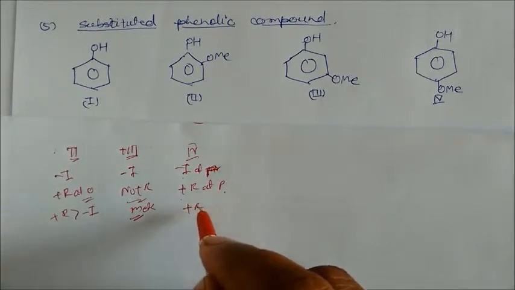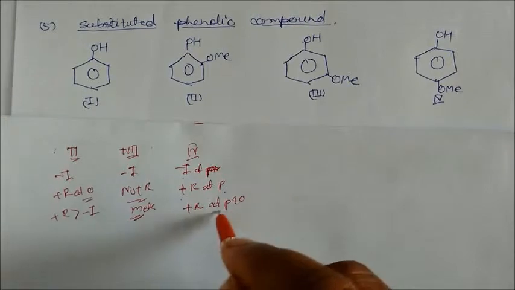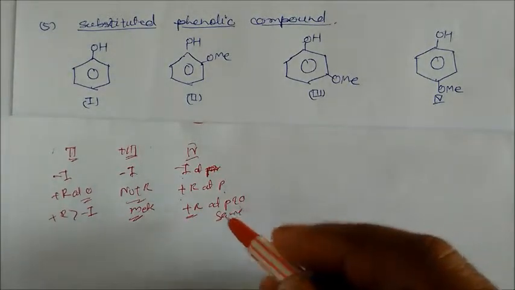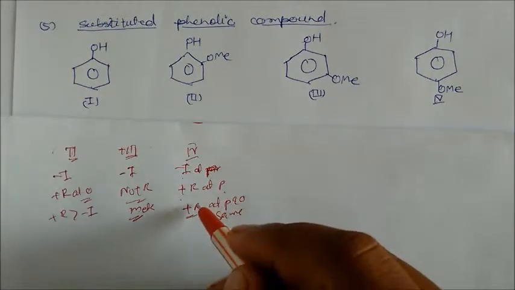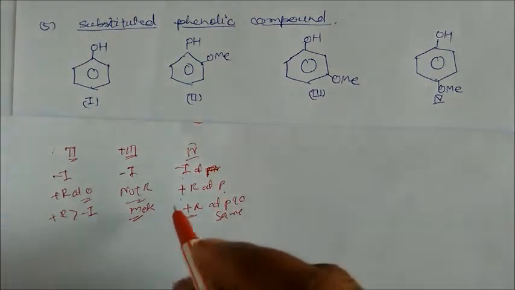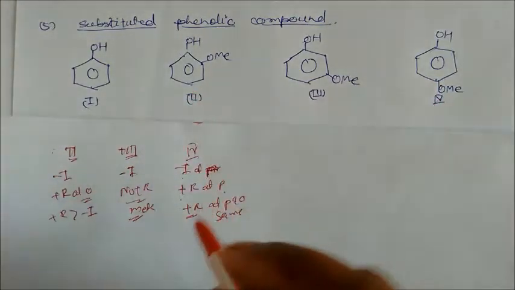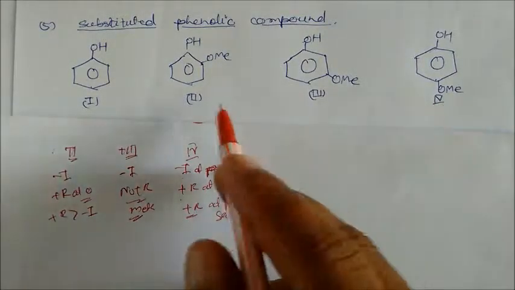Plus R at para and ortho are both the same, because resonance does not depend on distance; it depends on the ortho or para position. So out of 4 and 2, there is more effect of 4 here.